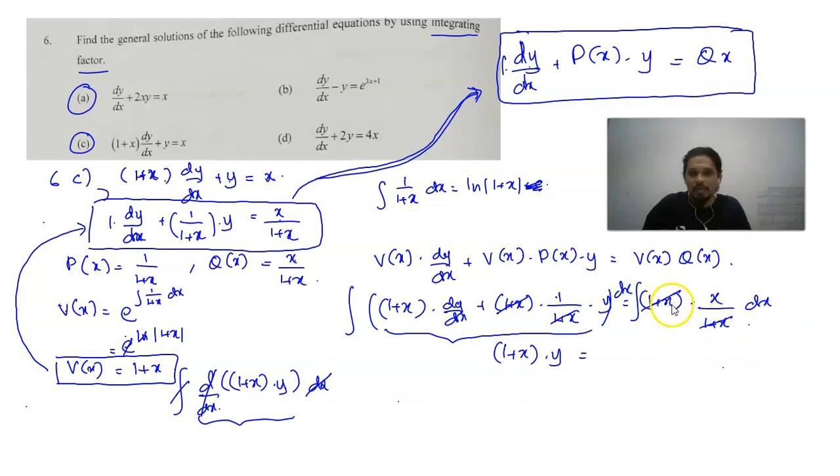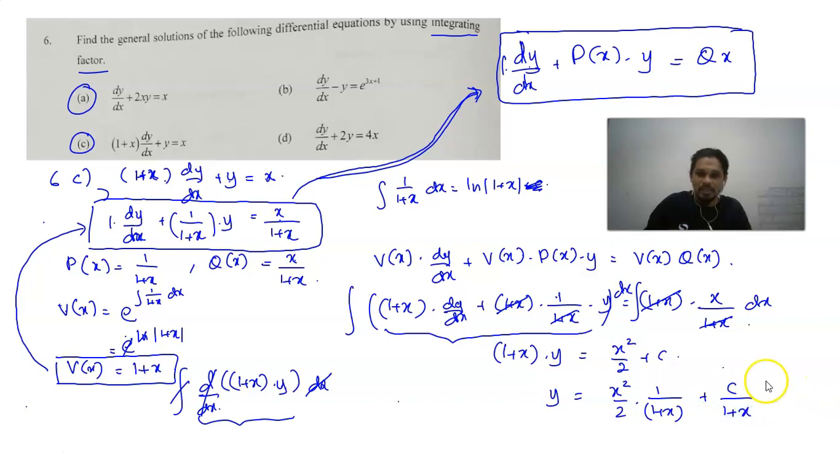And 1 plus x divided by 1 plus x, so actually we are talking about the integral of x dx. It gives you x squared divided by 2 plus c. Then y equals x squared over 2 divided by (1 plus x), plus c divided by (1 plus x). Okay, so it's something like this.